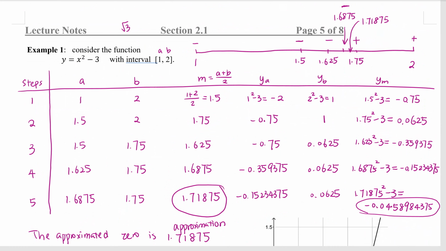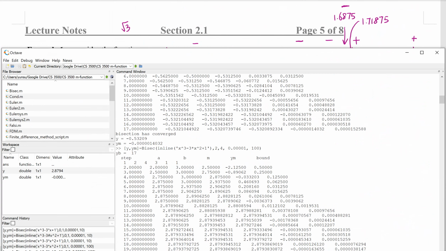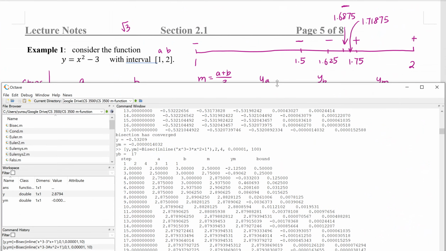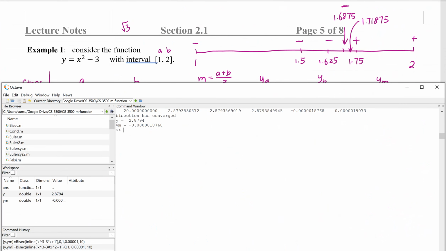Let me make it smaller. We can type in, we don't need to type it again, so just go back, and here let's see what our function is. Our function is x squared minus 3, and the interval is from 1 to 2.